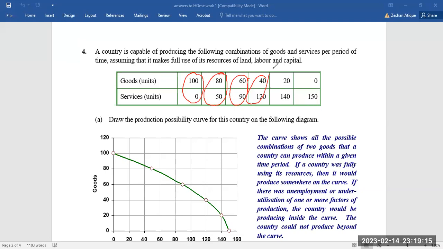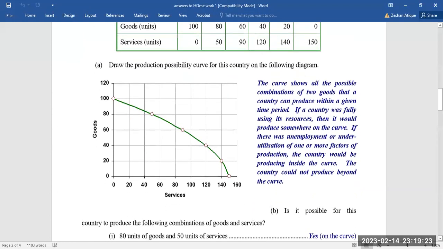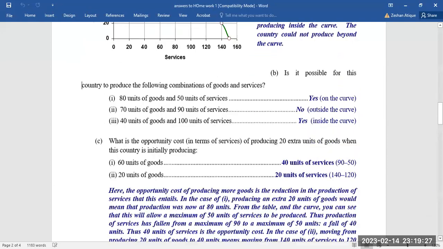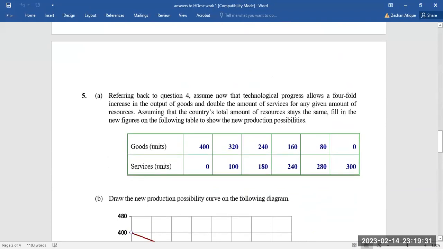Now, in question number 5, this particular information is used further. Question number 5 reads: referring back to question number 4, assume now that technological progress allows a 4-fold increase in output of goods and services.